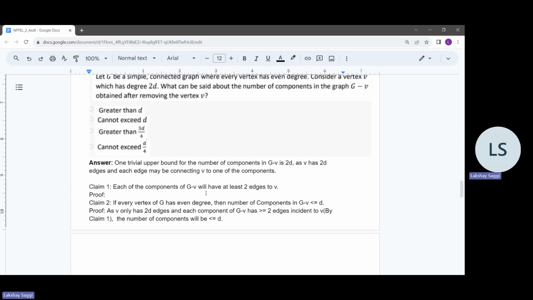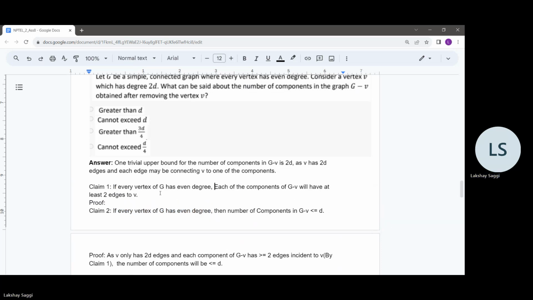And now we'll be invoking it. To prove this claim, we'll invoke this property that if every vertex has an even degree, each of the components will have at least two edges to V. So now we need to use this property that each vertex has an even degree.